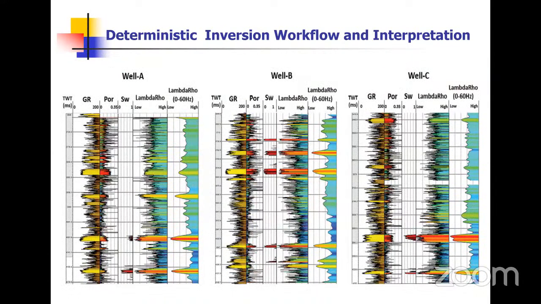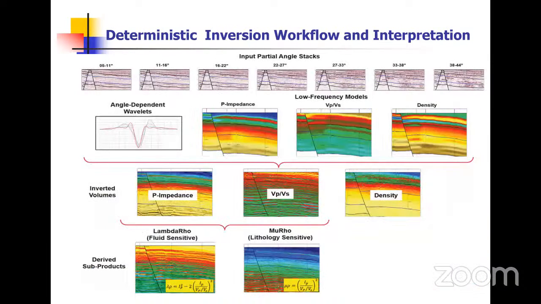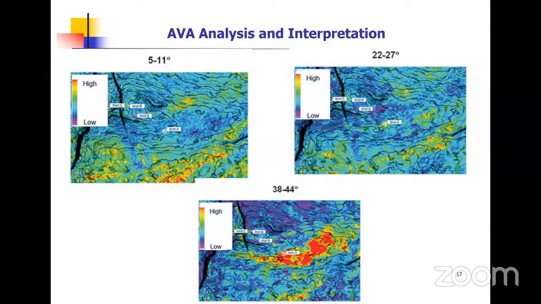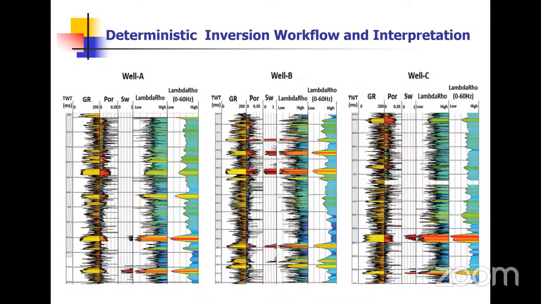So this is just about 4 wells involved in this study. This is just showing about 3 of the wells. You have a gamma ray, you have porosity, you have lambda rho, and mu rho. What we're trying to do here is to relate the mu rho and lambda rho response to porous sand units.